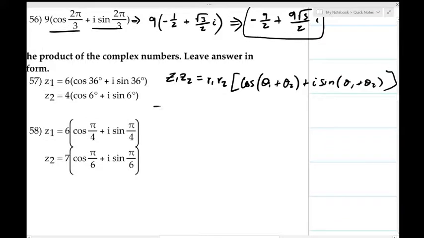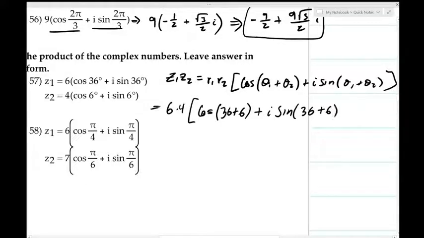So if we carry out that product, we have 6 times 4, and then inside of the argument we have cosine of 36 plus 6 plus I sine of 36 plus 6, which leaves us with 6 times 4 will be 24, and then inside of that square bracket we're going to have cosine of 42 degrees plus I sine of 42.